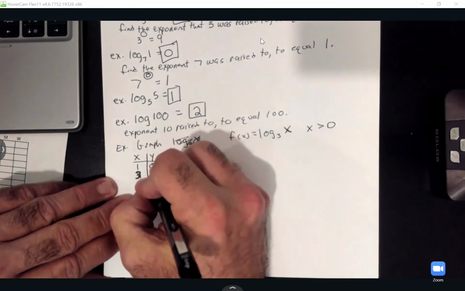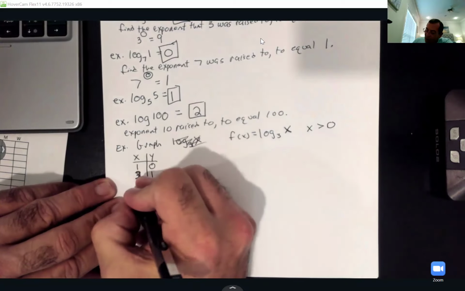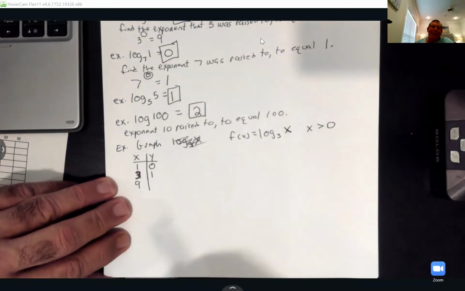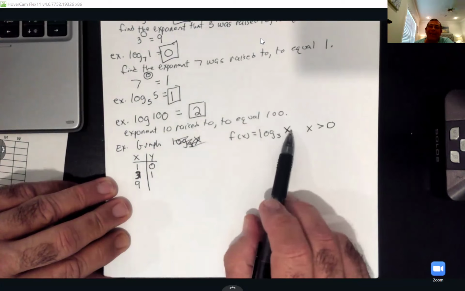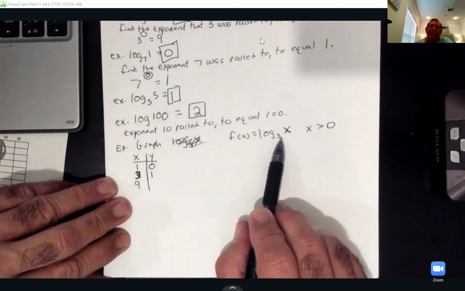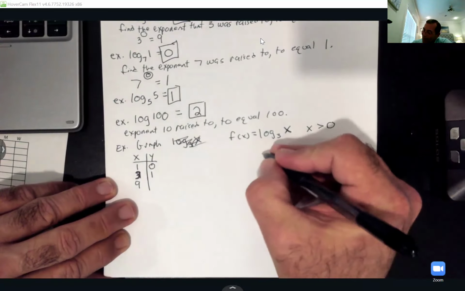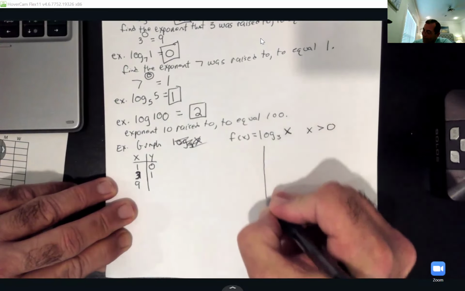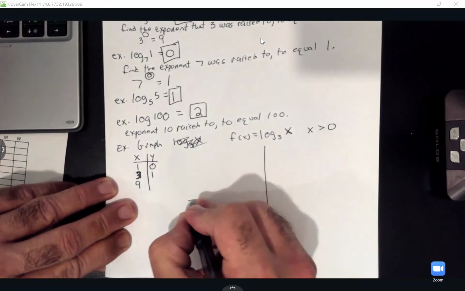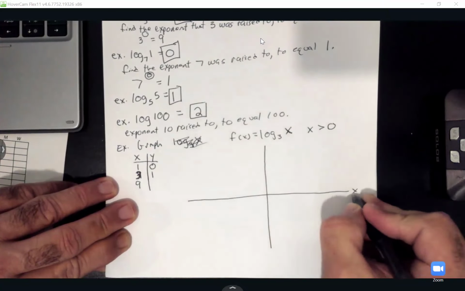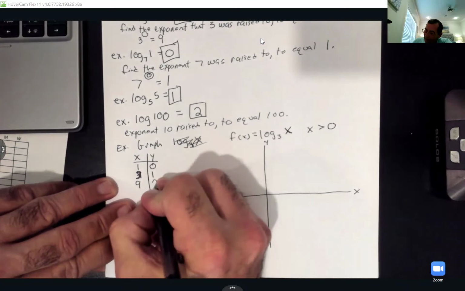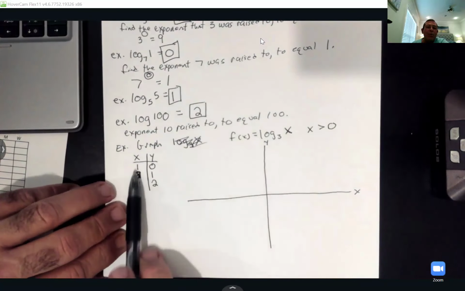And that'd be a 1. Now I'll do my 9. If I put a 9 in there, what exponent would we raise 3 to turn it into a 9? 2.